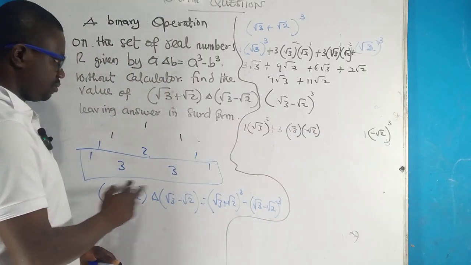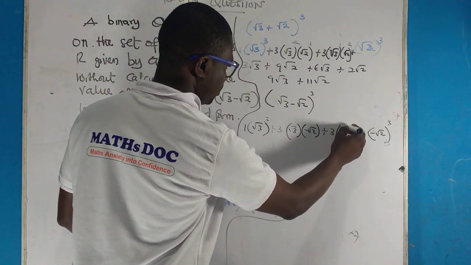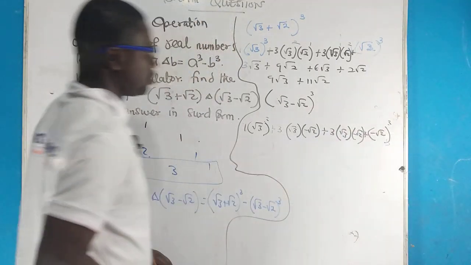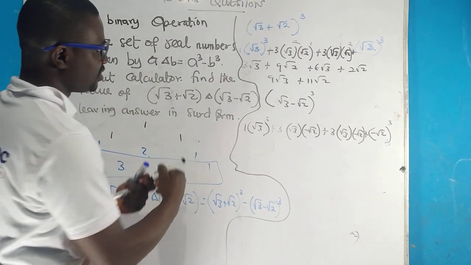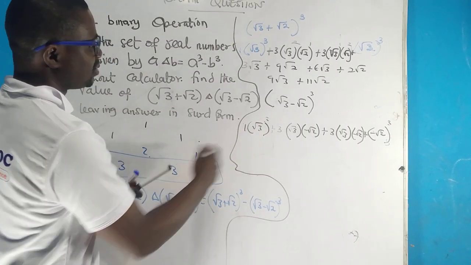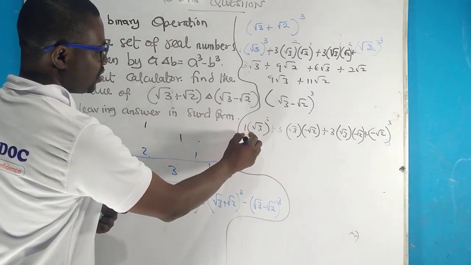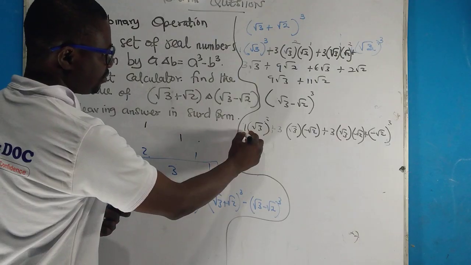Then another one, plus 3, root 3, minus root 2. Simplifying, root 3 times root 3 times root 3 will give you 3 root 3.